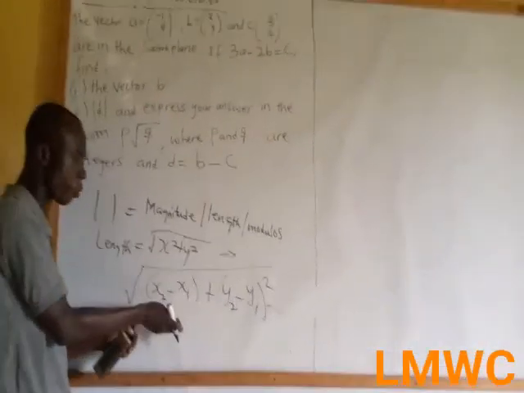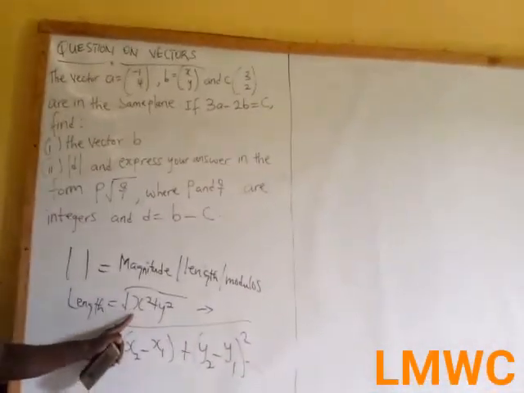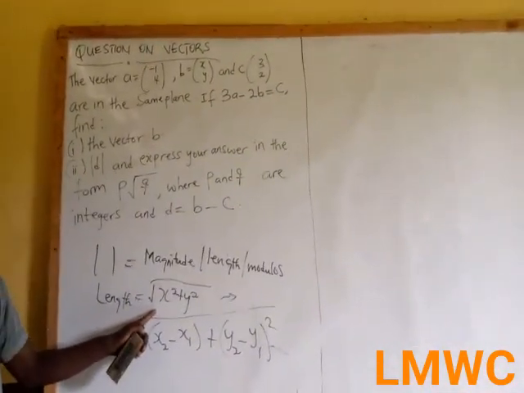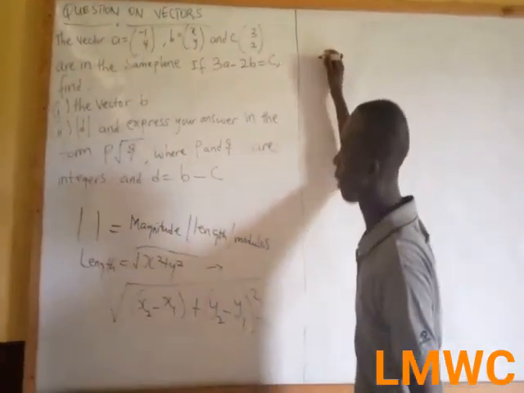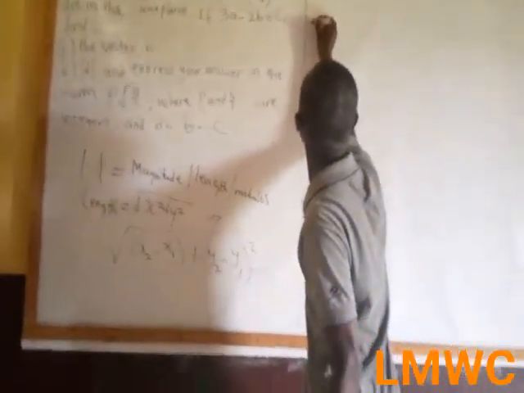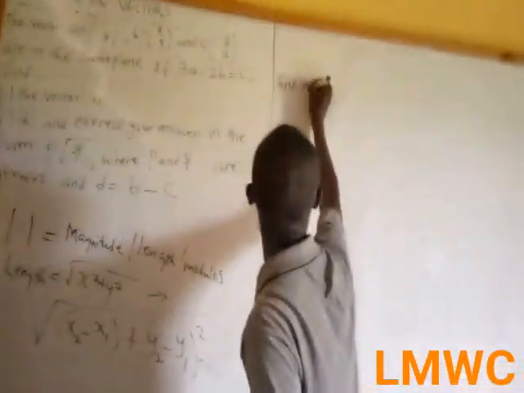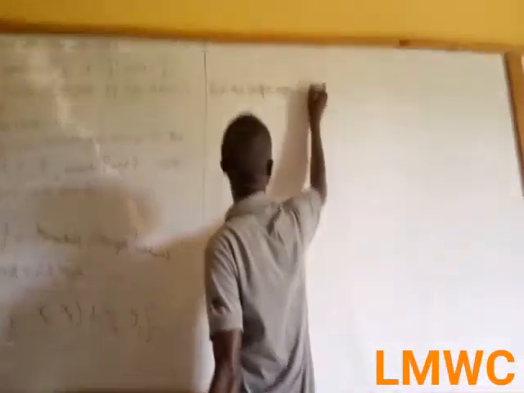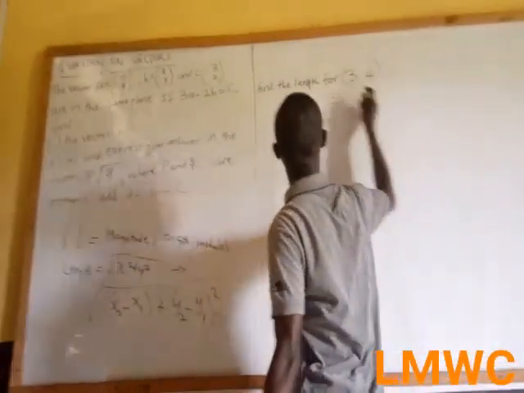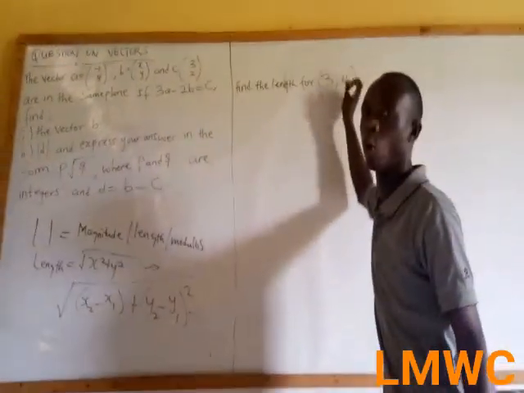For instance, if I give you find the length for (3, 4), you see they are giving you only one coordinate.